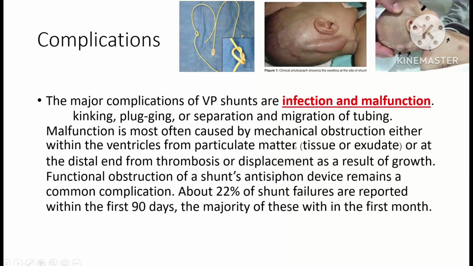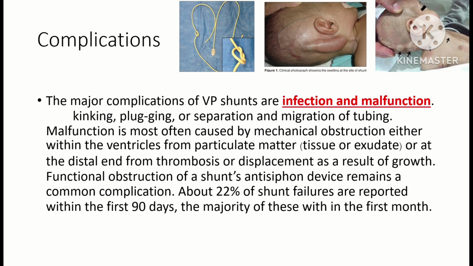Okay, next are the complications. The major complications of VP shunts are infection and malfunction, such as kinking, plugging or separation, and migration of tubing.